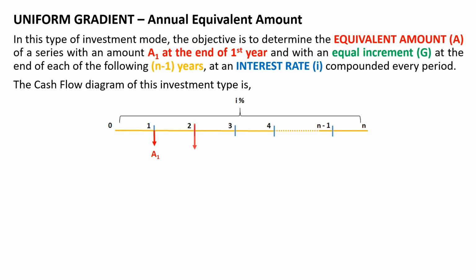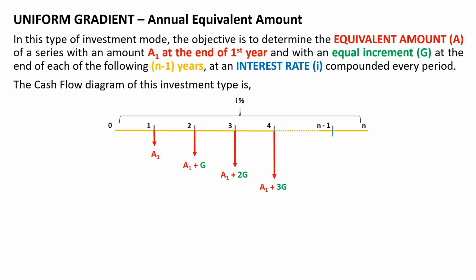At the end of second year, there is an investment of A1 plus an annual increment of G. At the end of third year, there is an investment of amount A1 plus 2 times G. At the end of fourth year, there is an investment of A1 plus 3 times the annual increment G.